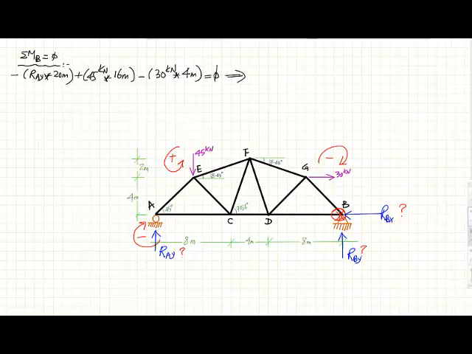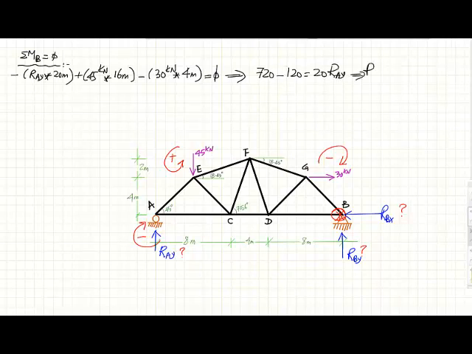So I'll proceed with this by bringing the RAY to the right hand side. So I'll have 45 multiplied by 16 is equal to 720, and minus 30 multiplied by 4 is equal to 120, is equal to 20 RAY.